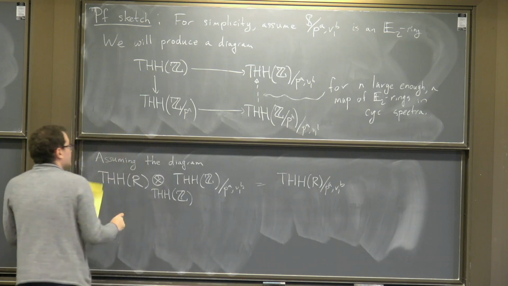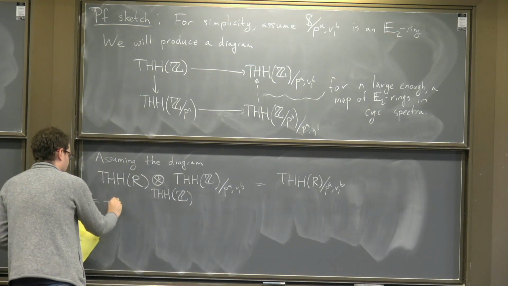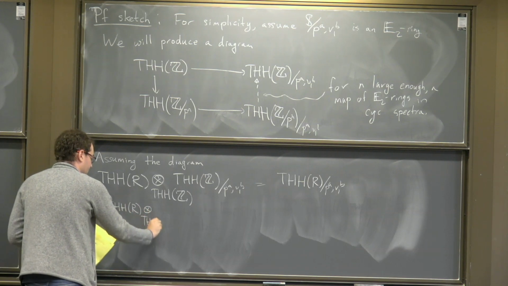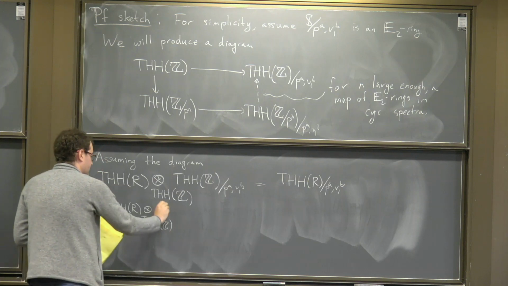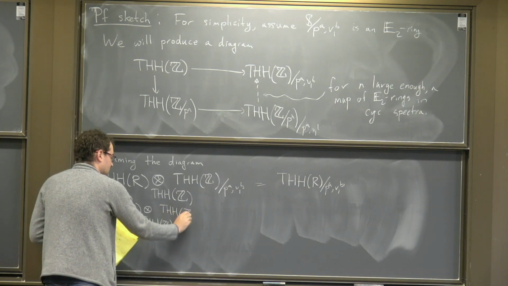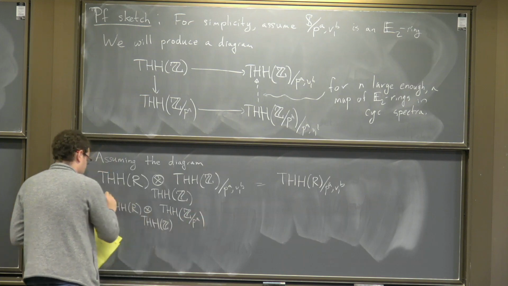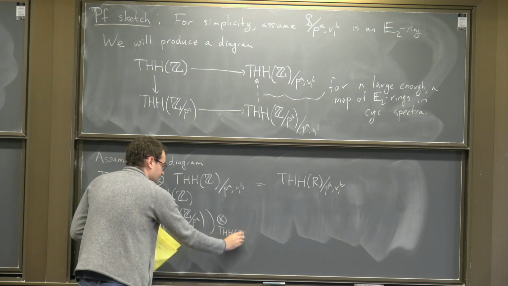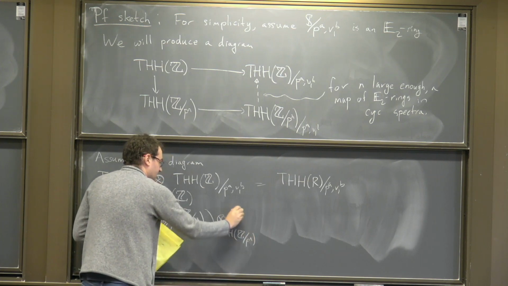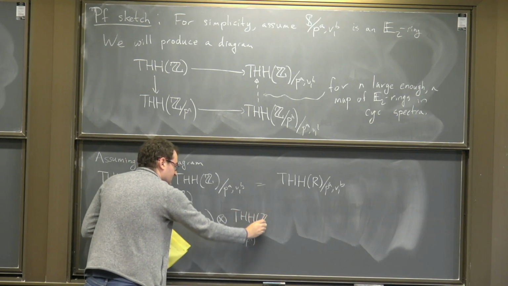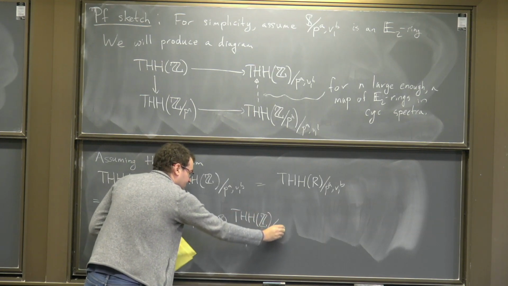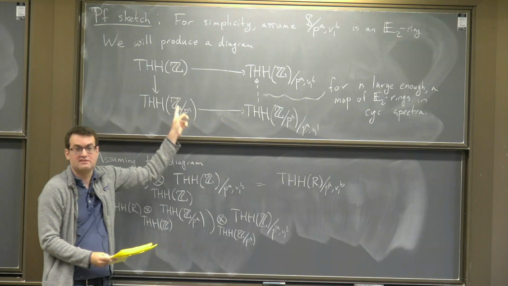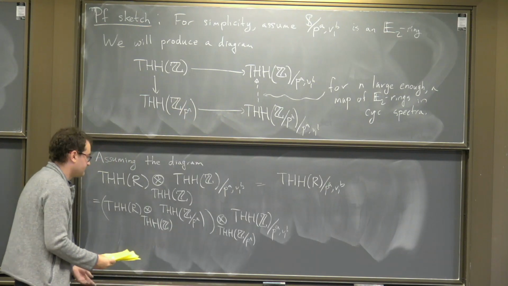But on the other hand, because of this factorization, I could think of this as THH of R tensored over THH of Z with THH of Z mod p^n, tensored over THH of Z mod p^n with THH of Z mod p^a v_1^b. In other words, tensoring down along this map factors through tensoring down along all these intermediate maps.